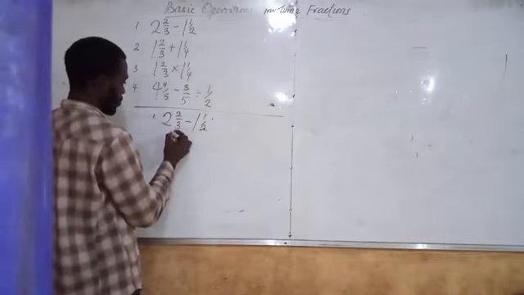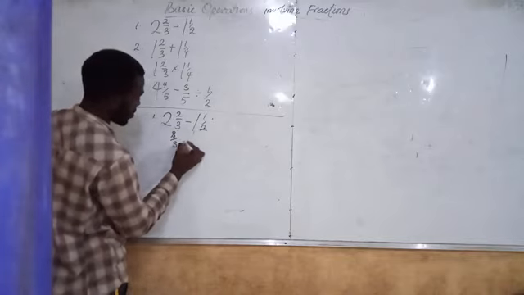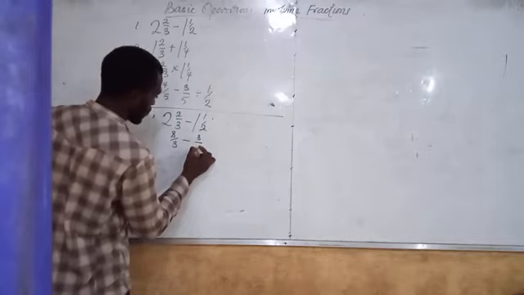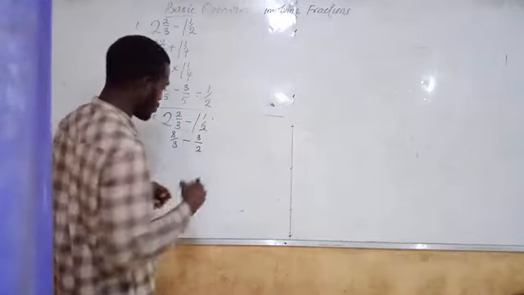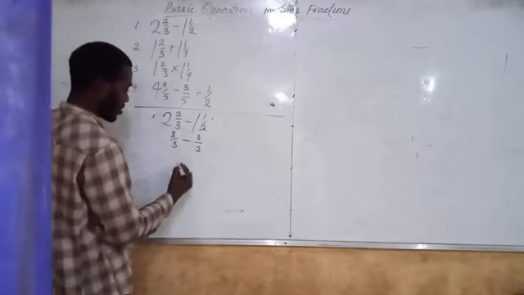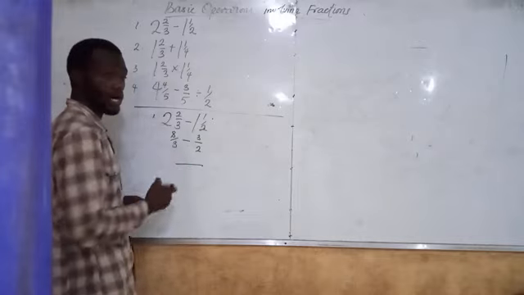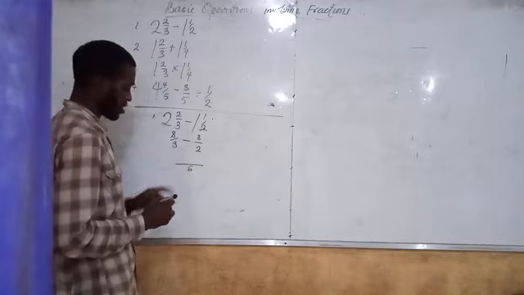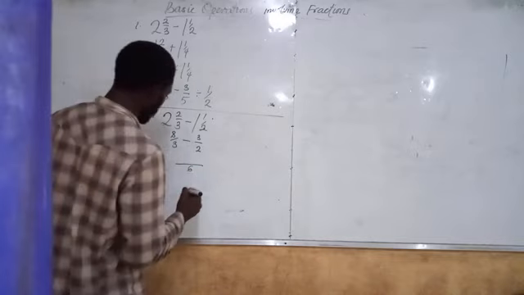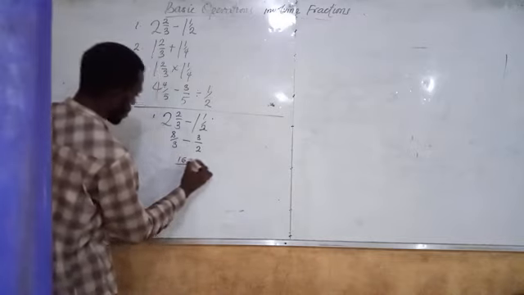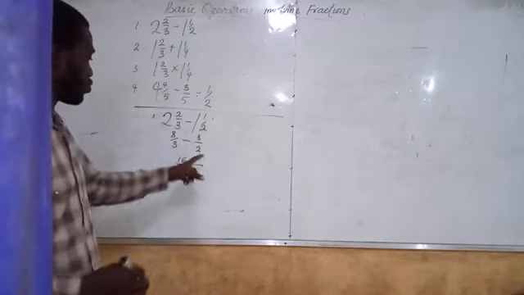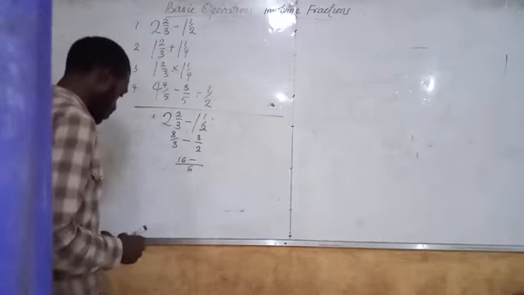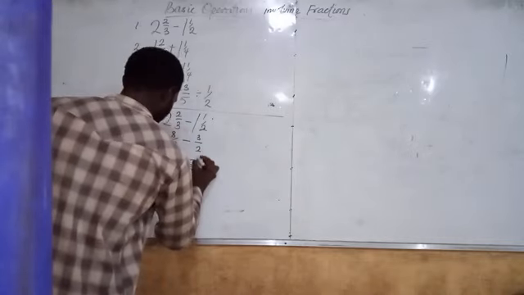If we convert this to an improper fraction, we have 6 plus 2, which is 8 over 3, minus 2 plus 1, which is 3 over 2. The next step is to take the LCM of the denominators. The LCM of 2 and 3 is 6. So we have 6 here. 3 in 6 is 2, 2 times 8 is 16. Minus, 2 in 6 is 3, 3 times 3 is 9.